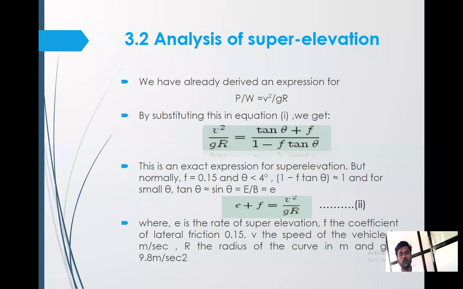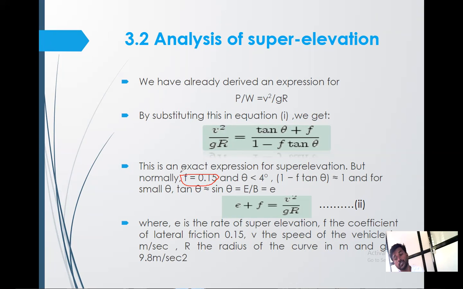Now I equate P by W with V square upon GR. So V square upon GR is equal to tan theta plus F divided by 1 minus F tan theta. And normally, this is very important, what we will take normally, F, that is lateral skidding.